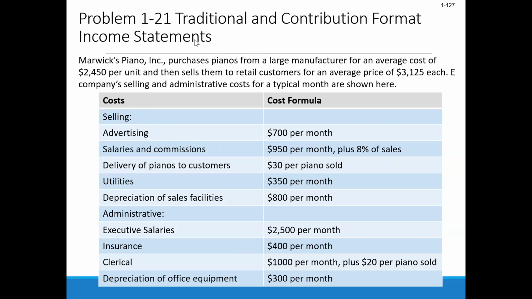So we've got our advertising, our salaries. A portion are fixed and a portion are variable, aren't they? Delivery of pianos, utilities, depreciation of sales facilities, executive salaries, insurance, clerical, and depreciation. Some have a mixed component. You see that?